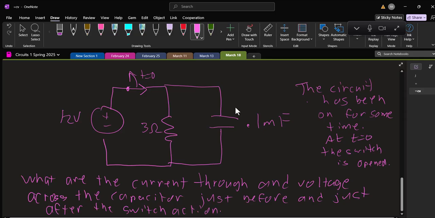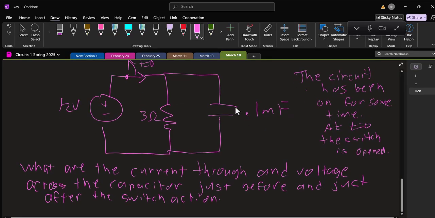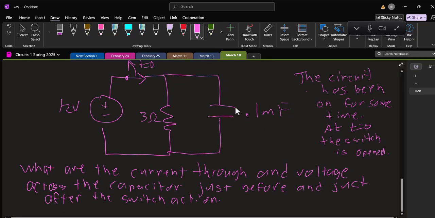Okay, so what do we know about voltage across a capacitor that I said was real important just a minute ago? It doesn't change instantaneously. So if we know the voltage before the switch, we know the voltage after the switch because it can't change instantaneously. What else do we know about a capacitor that's been sitting in a DC circuit for some time? It's fully charged. Is any current flowing through it?